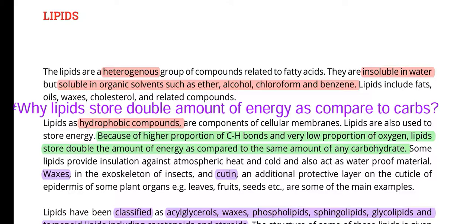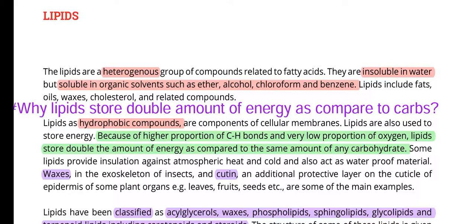Let's start with the next very important question that is frequently asked in papers: why do lipids store double the amount of energy as compared to the same amount of carbohydrates? Actually, the reason is the high proportion of C-H bonds present in lipids and the low proportion of oxygen.